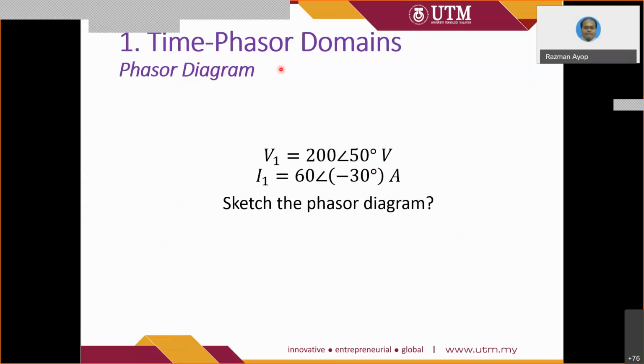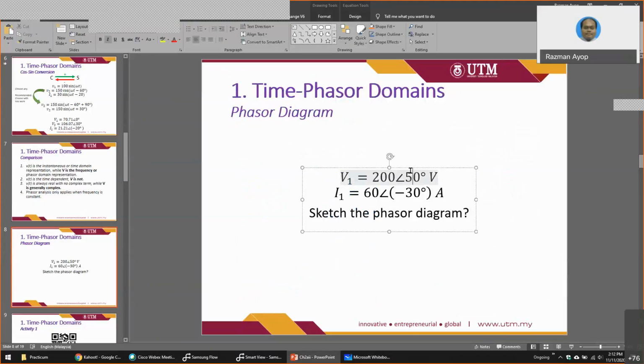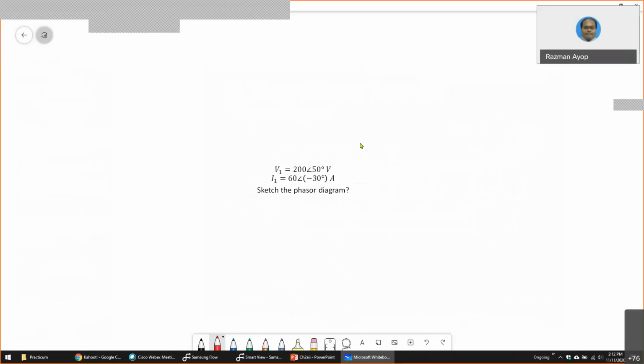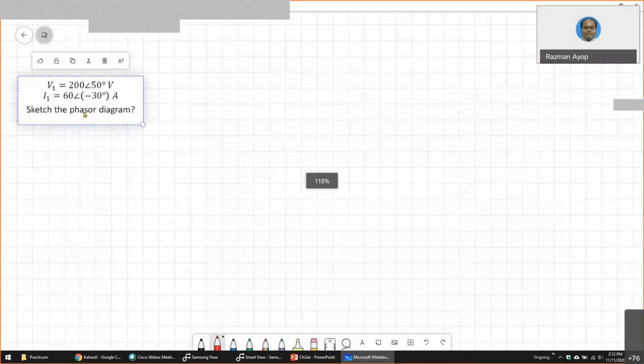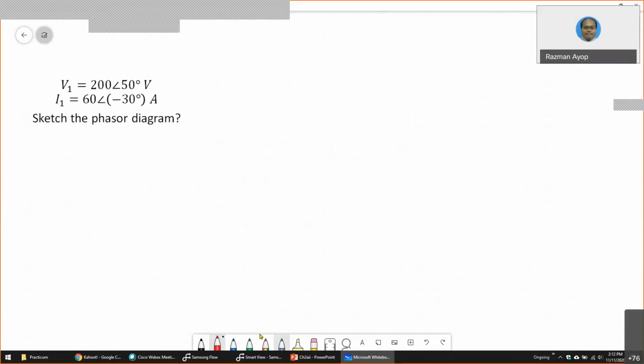Another thing you need to know is how to draw a phasor diagram. Basically you have to draw the complex number on a complex plane, or S-plane. So how to do this?